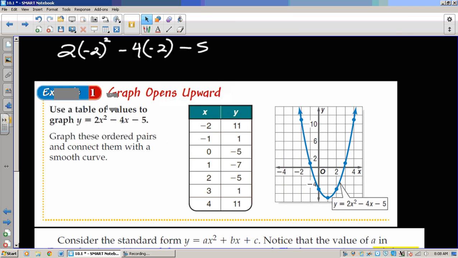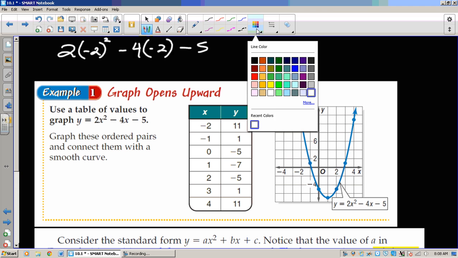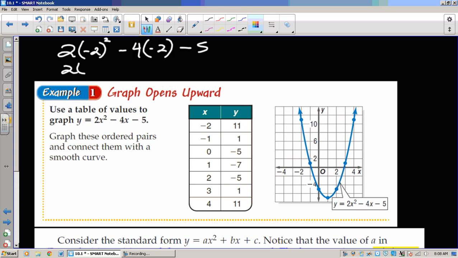And then I can solve for this. -2 squared is what? 16. Not negative. 16. 4. -2 times -2 is 4. So we've got 2 times 4, because -2 times -2 is 4. -4 times -2 is 8.